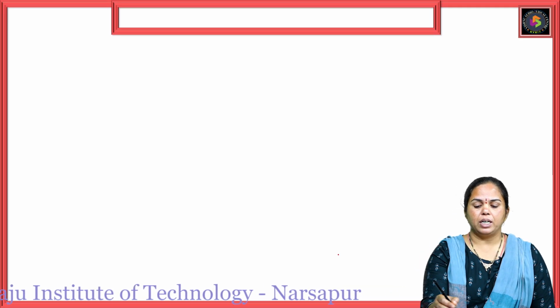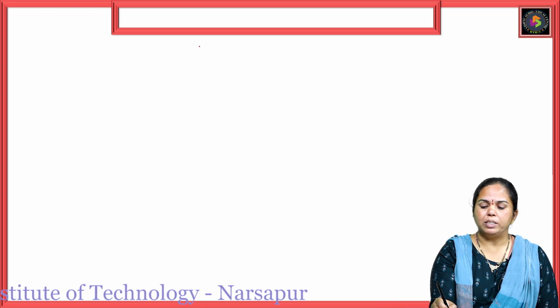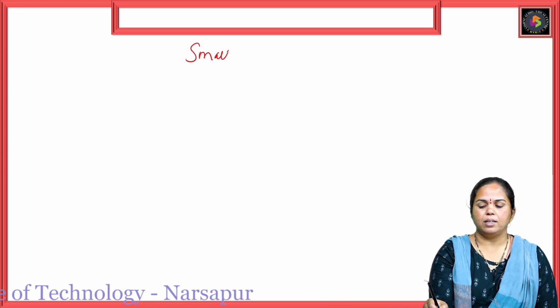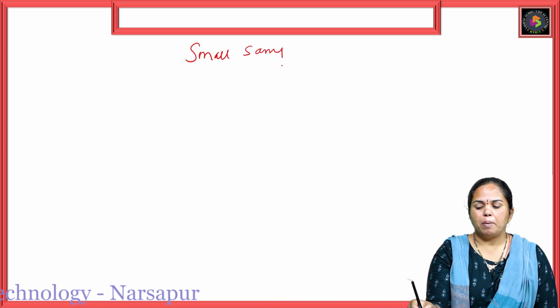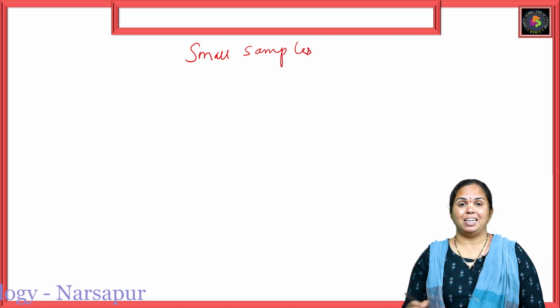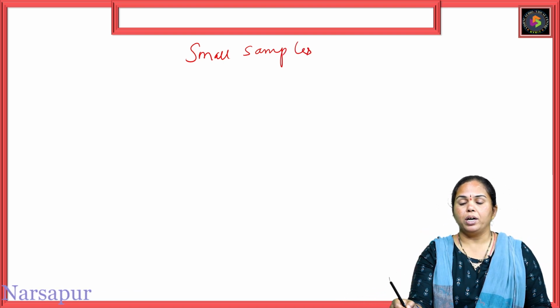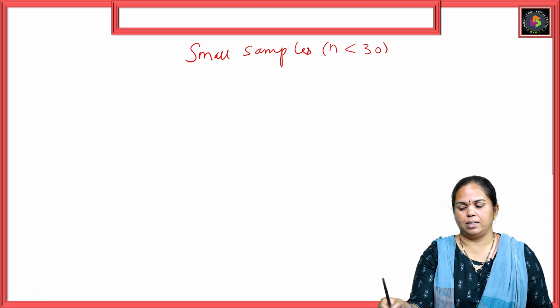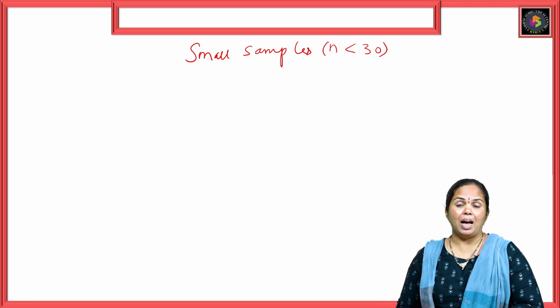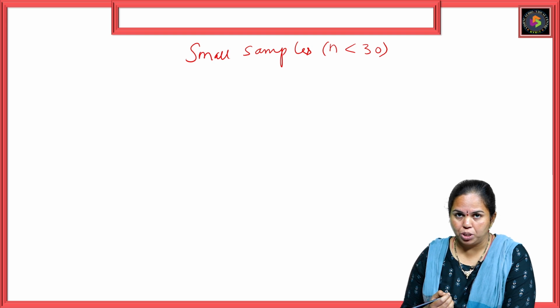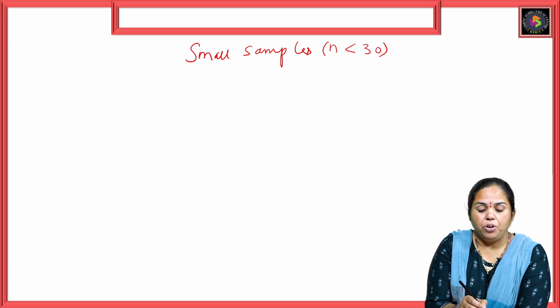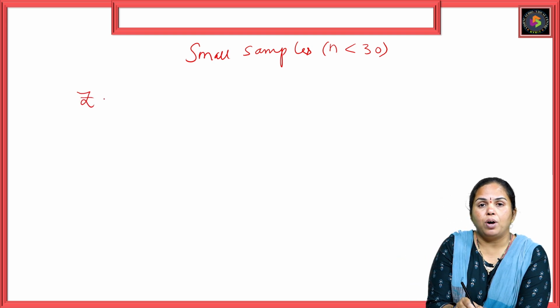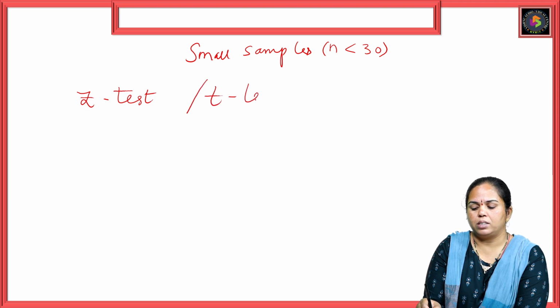Now we discuss small samples. As I said, depending upon the samples we are going to categorize the tests. Here in small samples, it will be n less than 30. Many of the students have a misconception about whether to use z-test or t-test.